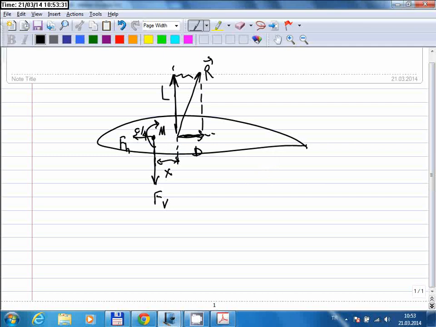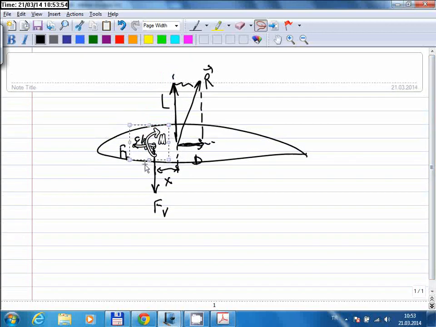So the lift force should be balanced by the reaction force at the sensor, the drag force should be balanced by the horizontal force measured at this point, and the moment of the lift force should be balanced by the moment applied at the point where we have the wing attached.